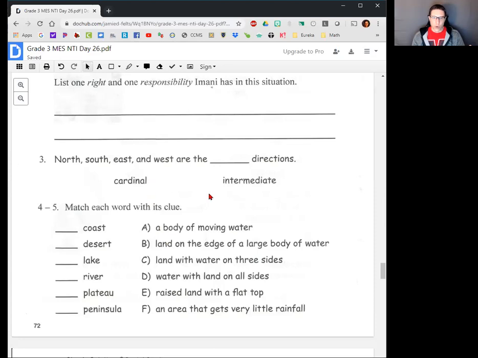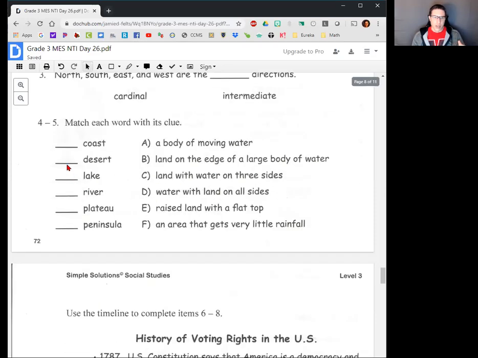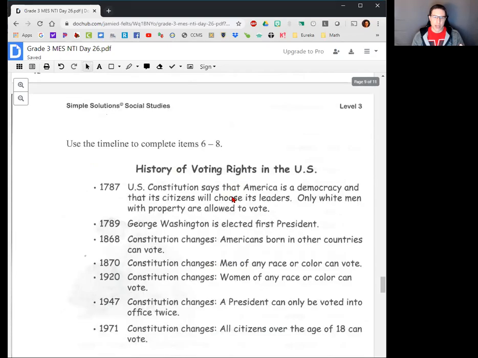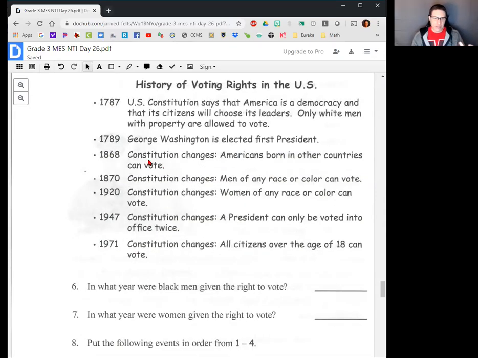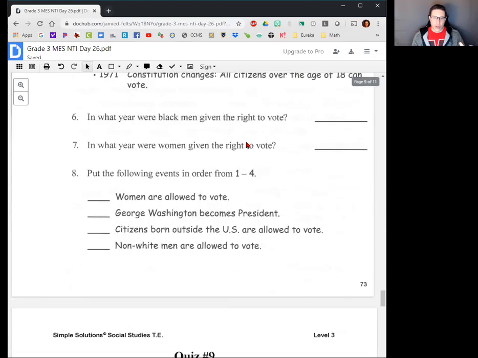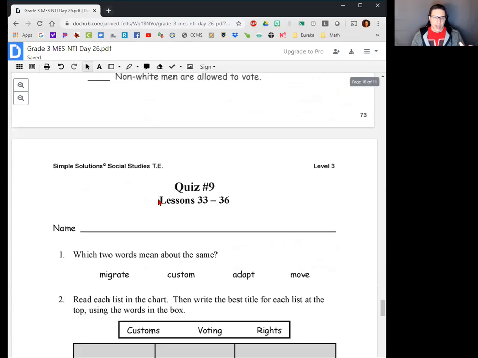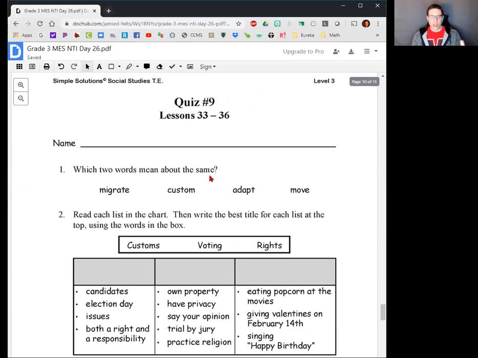Then we've got a few more questions about directions and just some matching here of some vocabulary words and what they mean. We've got a bulleted list here of dates with different kinds of events and people, and so those all go with that. Then to finish up, we've got a little quiz here.